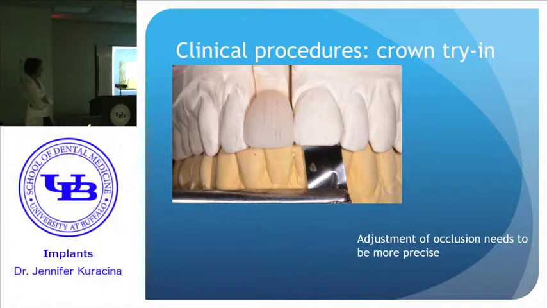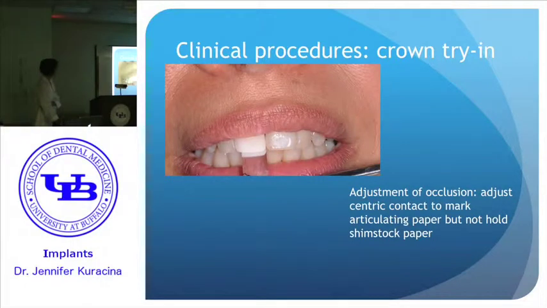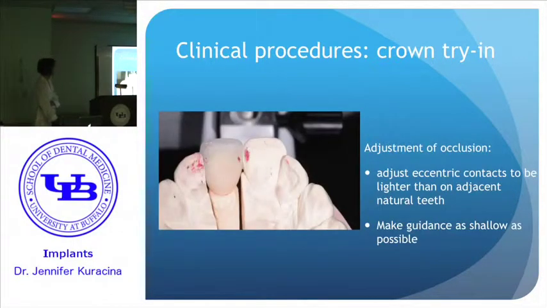They're taught how to properly adjust the occlusion. It should mark articulating paper, the crown should. However, the natural dentition should resist the shim stock, and the crown on the implant should not. And if there are considerations for lateral guidance, you want to consider those as well judiciously, probably make it fairly shallow.